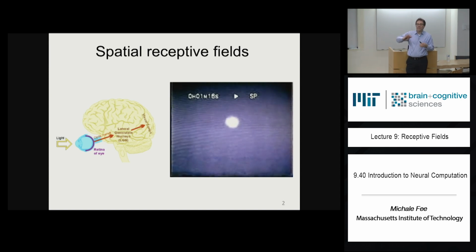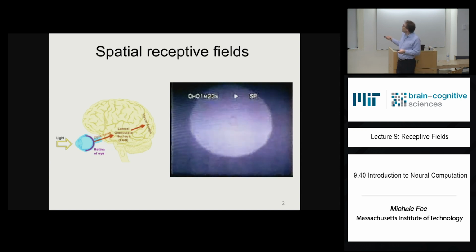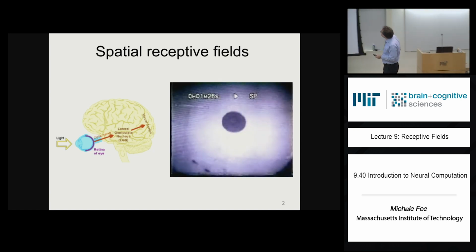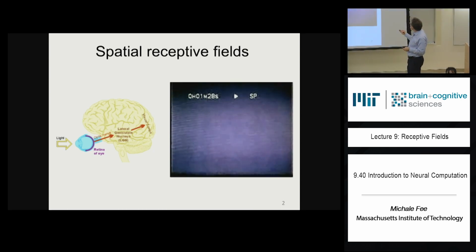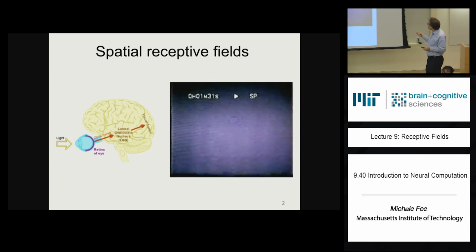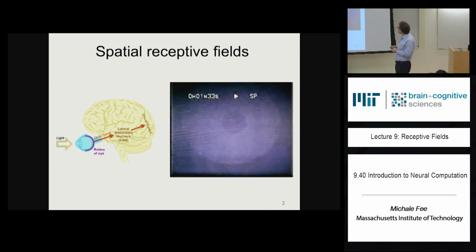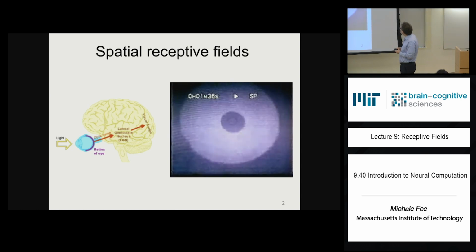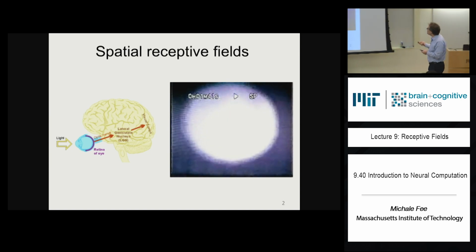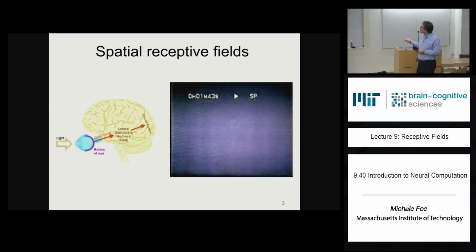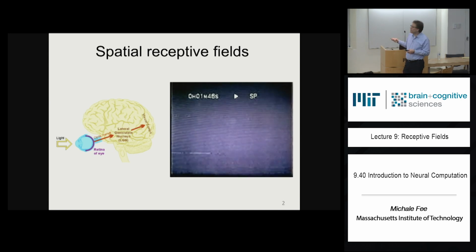Okay. They would basically play around with spots of light or bars of light and see where the neuron spikes a lot, and then they would draw on the screen what they would call the receptive field of the neuron. You can see that this neuron responds with high firing rate when you turn on a stimulus in that small region there.